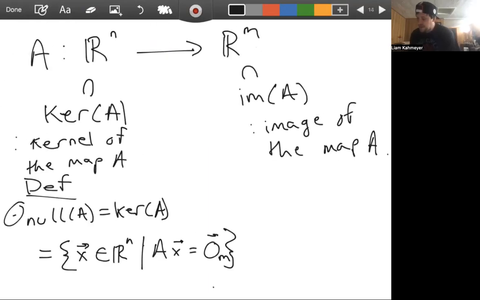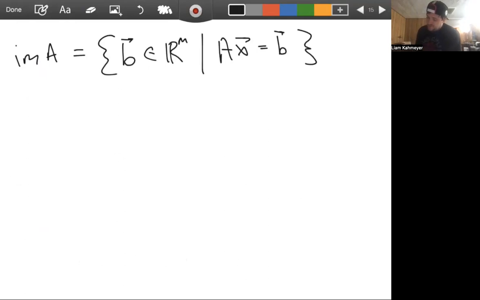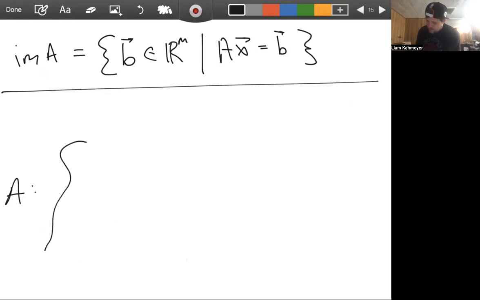And so what the image is, it's what shows up, right? It's everything that gets mapped to under this function A.